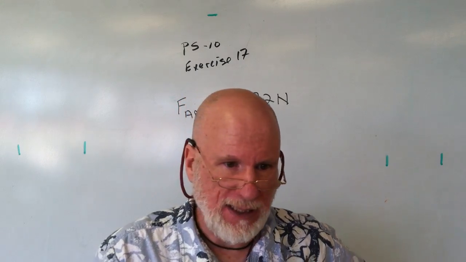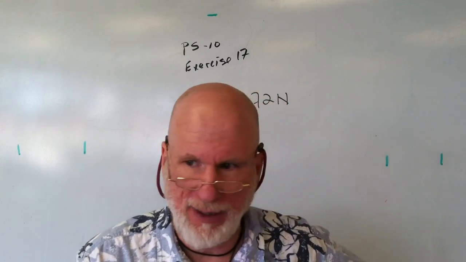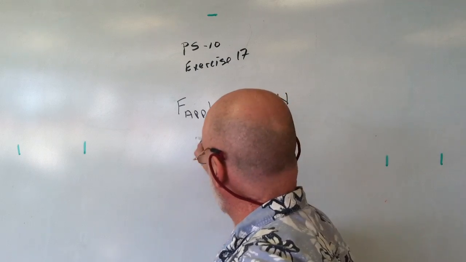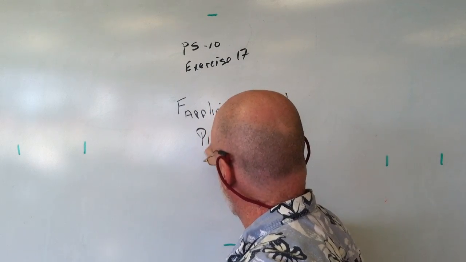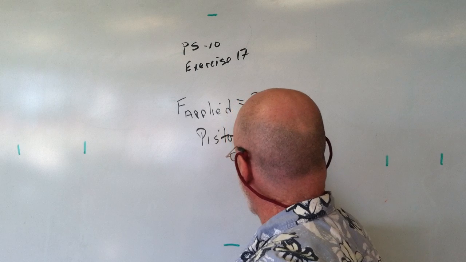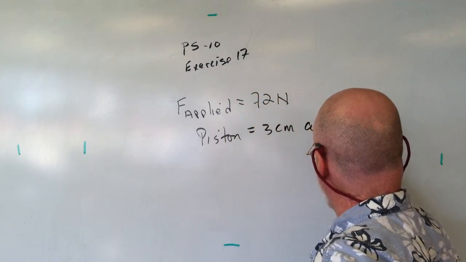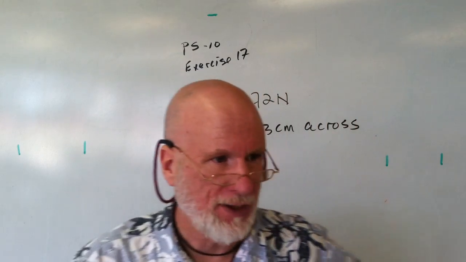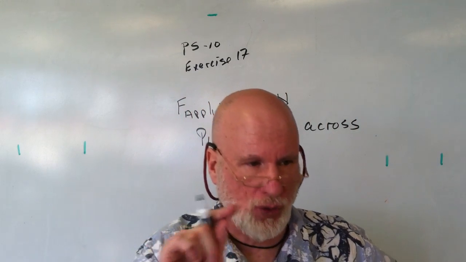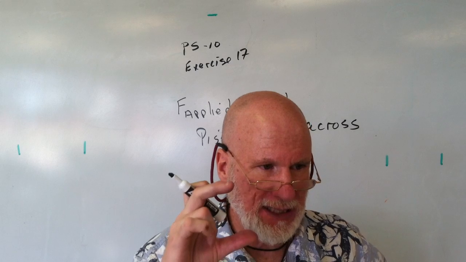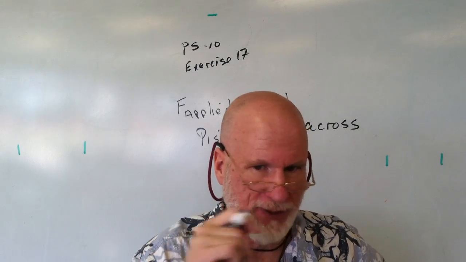And he is applying that to a piston that is 3 centimeters across. Okay, so therefore, if it's 3 centimeters across, that's the area, radius, or diameter?